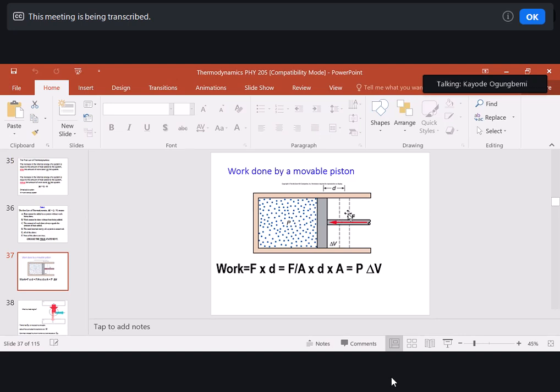The moment you move the piston downward by reducing the volume by delta V, that means you have moved a distance of D along the cylinder, okay? Now, what you have done is to reduce the volume of the cylinder. Reducing the volume, you are compressing the molecules together, thereby reducing the space in which they can interact with each other.